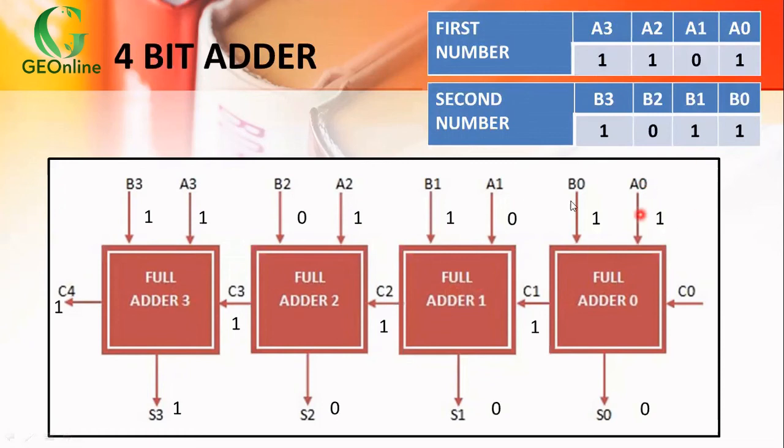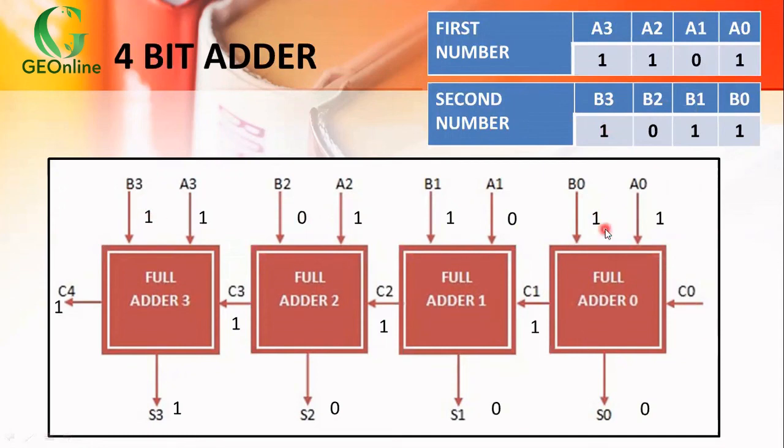First A0 here, A1 here, A2 1 here, and A3 1 here. Now second number with the least significant bit B0 and the most significant bit B3. This can be given to second input of each adder. B0 here, B1 1 here, B2 0 here, then B3 1 here.